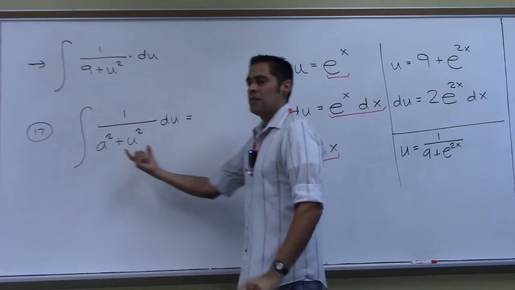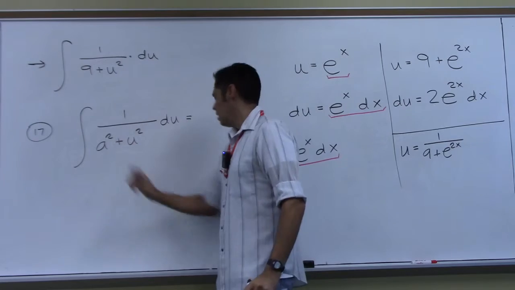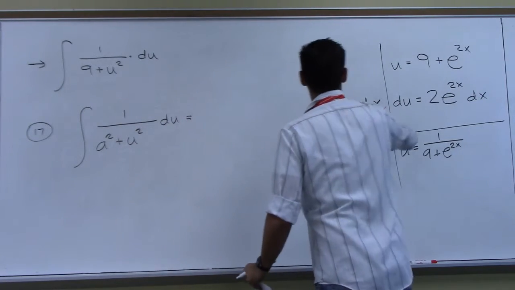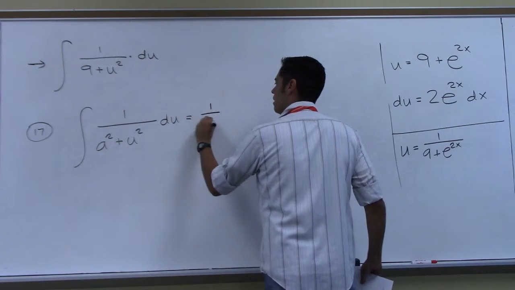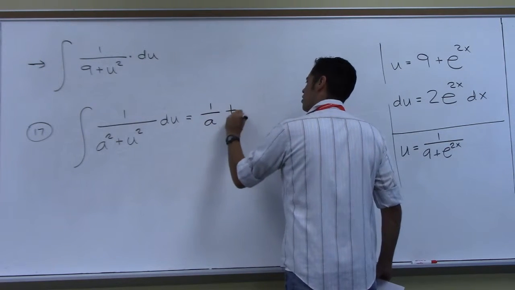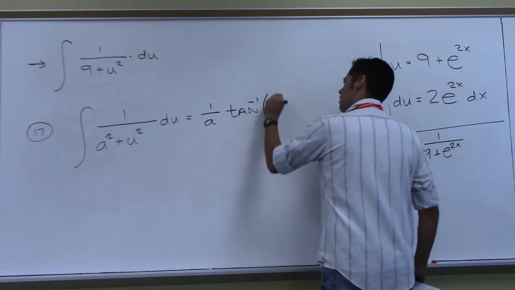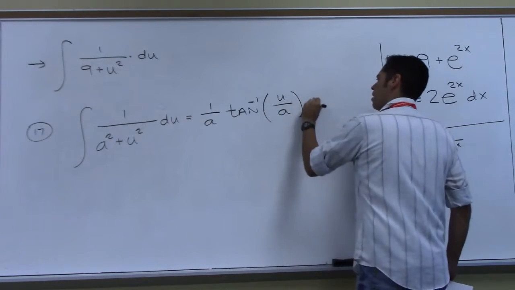It doesn't matter, it's addition, it can be either way, right? That the antiderivative of that would be what? 1 over a arctangent of u over a plus c.